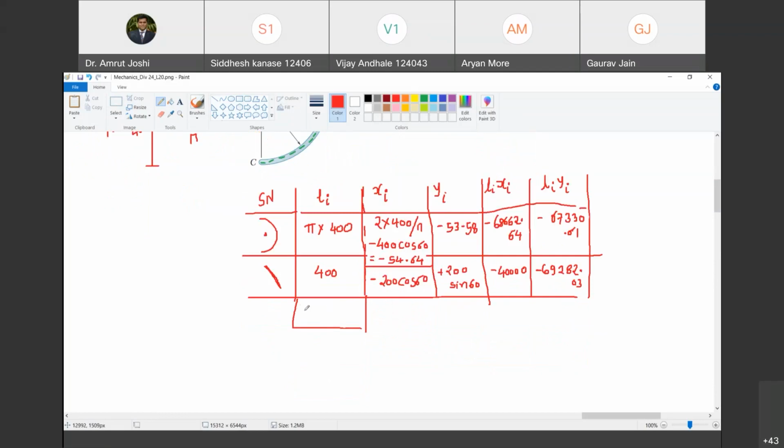So 1656.63. Okay. Now do summation Li xi.